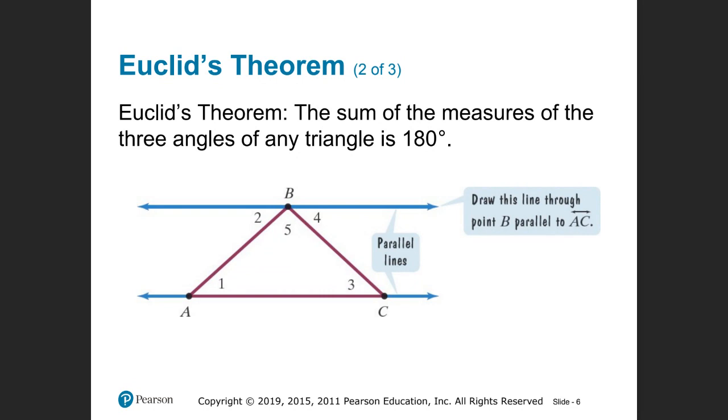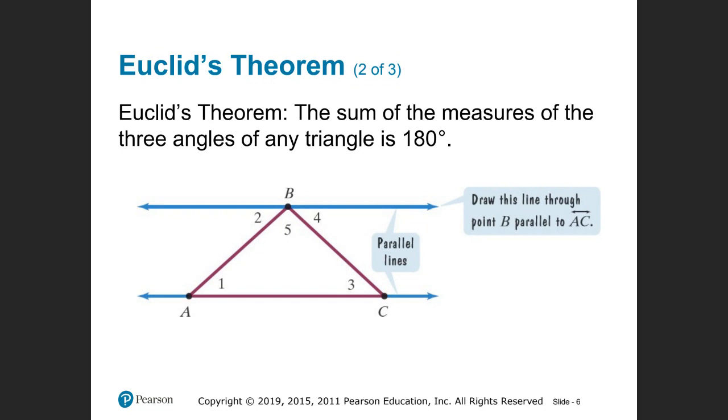Continuing with Euclid's theorem, the sum of the measures of the three angles of any triangle is 180 degrees. We're using the relationships that we saw with respect to parallel lines and the angles formed by a transversal that cuts through the parallel lines to determine this.